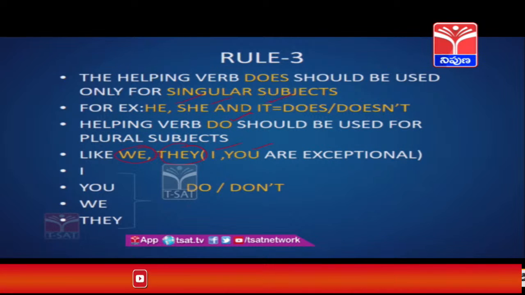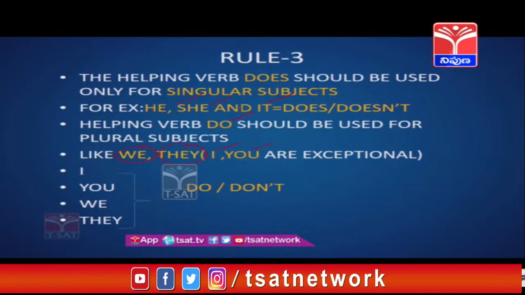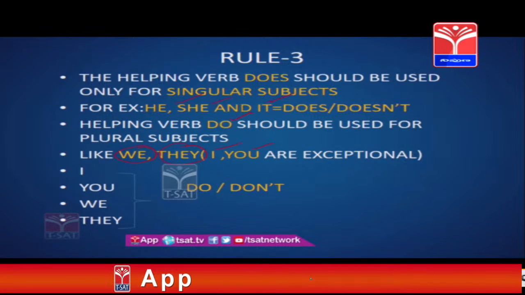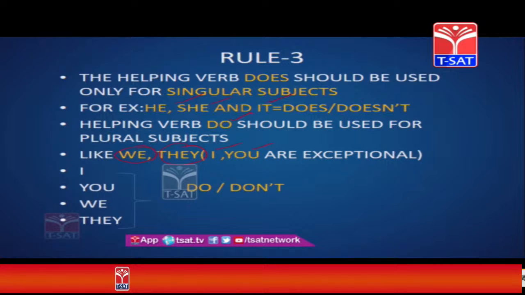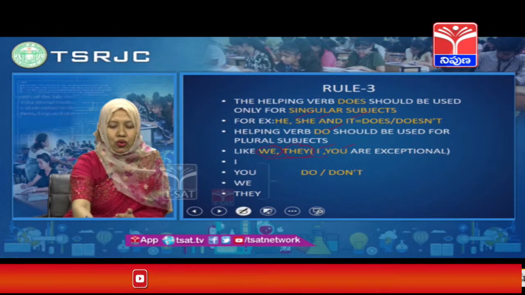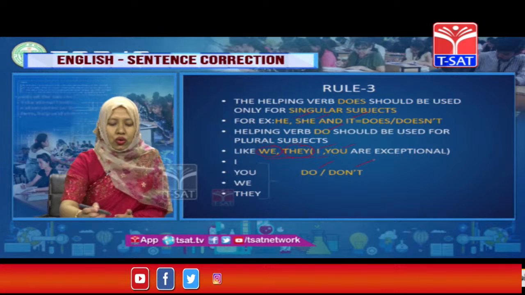Now, when you take the example of I and you as subjects, I is singular, you also is singular, but here the helping verb we are using is "do". We do, they do, I do, you do. So always remember, along with we, they, I and you, you should use "do" or "don't".